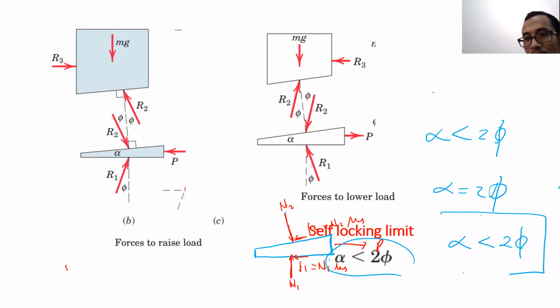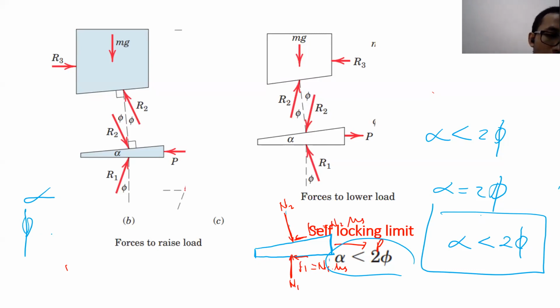So this is what you have to ensure in order to make sure that your wedge has a self-locking mechanism. And remember, alpha is the angle of the wedge. Phi has only one relation to the mu.